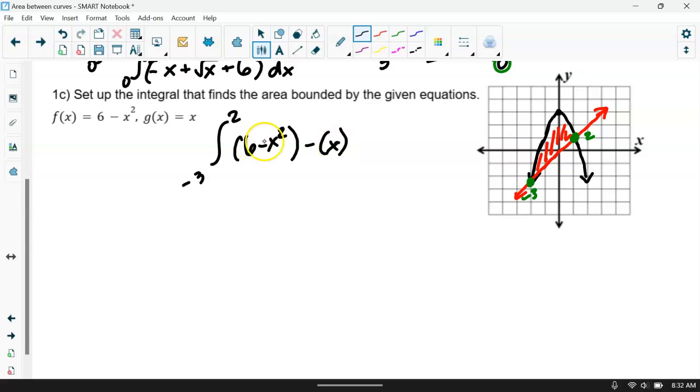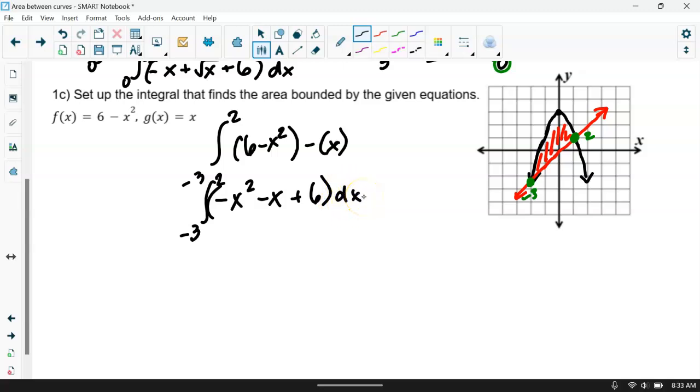Because that's our f of x minus g of x, top minus bottom. So that means you're going to end up finding the integral from -3 to 2 of -x squared minus x plus 6. So that is what we're finding the integral of.